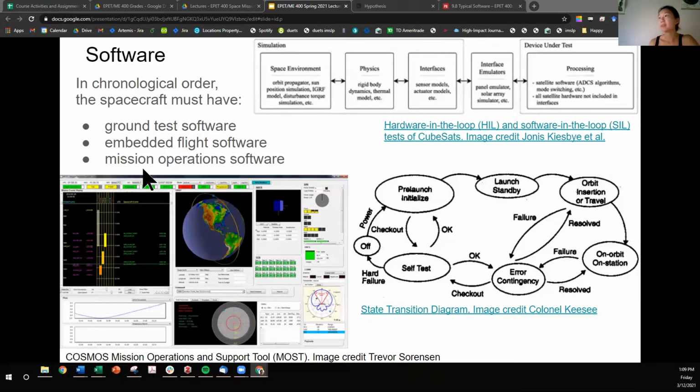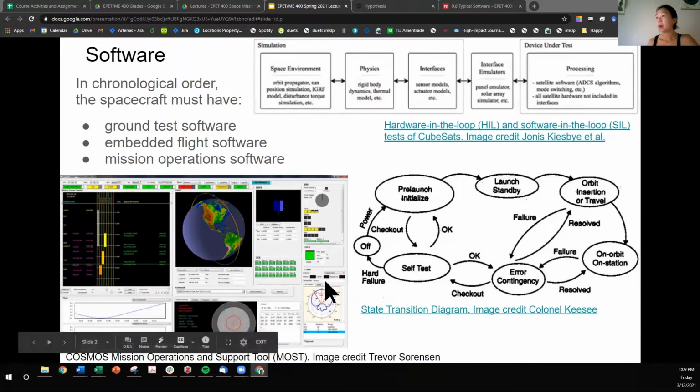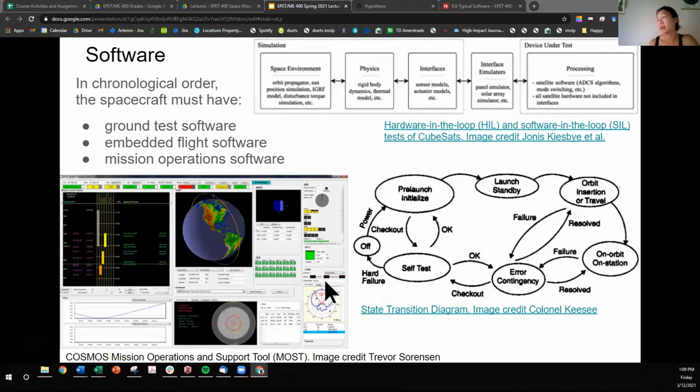And so the last one, mission operations software, is the software that stays on ground during the mission. This is for mission operators to monitor and command the spacecraft.